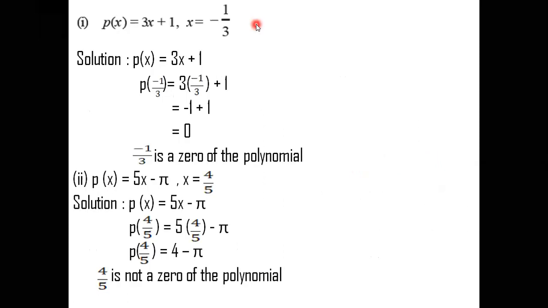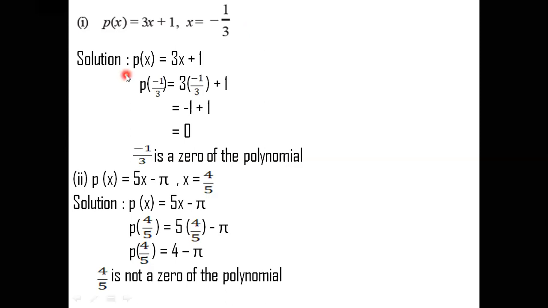I have solved the first 3 sums for your understanding. Let me take the first one. P of x is equal to 3x plus 1 and the value of x has to be replaced by minus 1 upon 3. Then we have to verify whether minus 1 upon 3 is a zero of the polynomial or not.